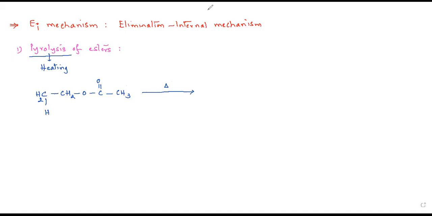Now when this ester is heated, we get ethylene. Along with that, acetic acid. Okay. Now, let's see the mechanism.